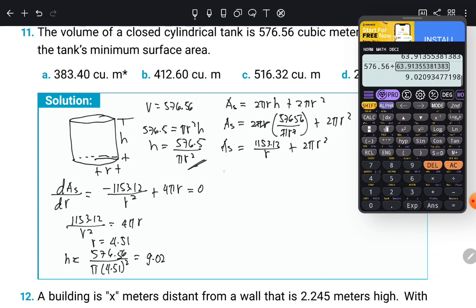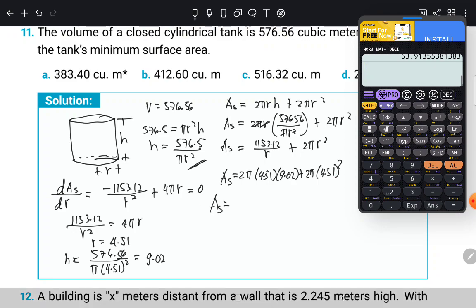Then for the surface area now, we can solve: the surface area will be equal to 2 pi times 4.51 times 9.02 plus 2 pi times 4.51 squared. So what will be our surface area? Actually, we can use this formula also.